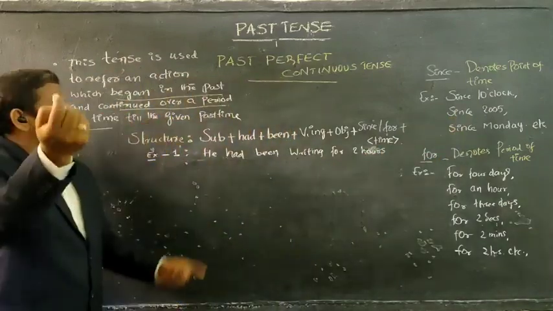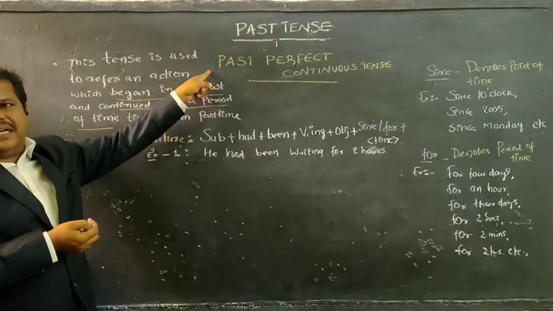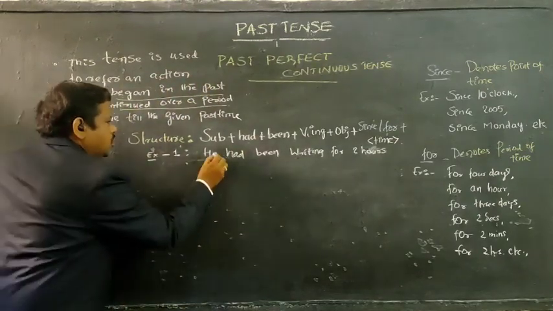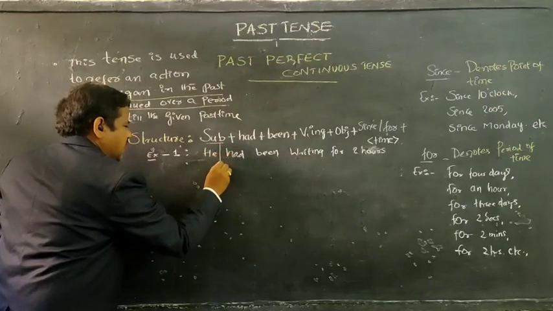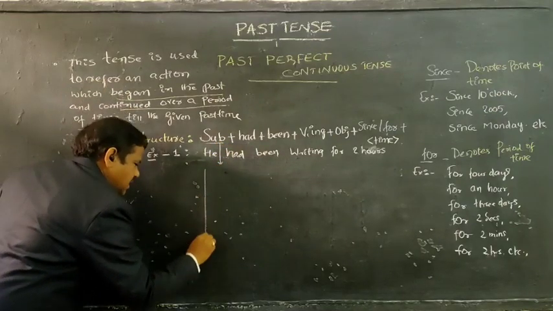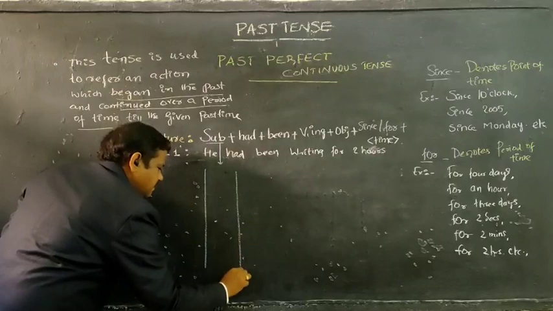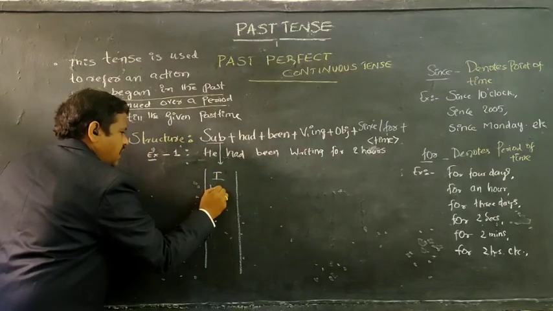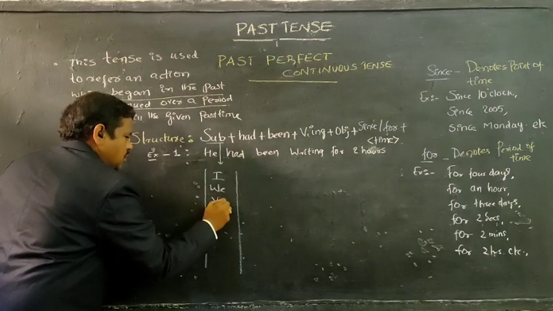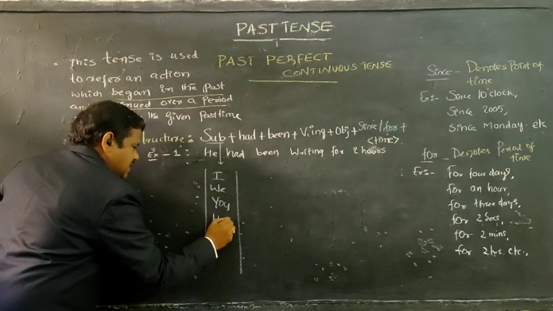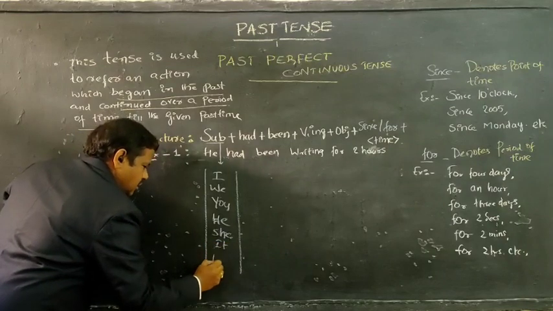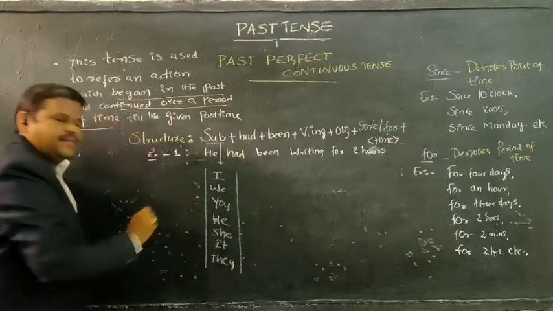Now what are the subjects we can use in the past perfect continuous tense? Let us list the subjects. You know very well there are a number of subjects. Personal pronouns like I, we, you. Next, third person singular he, she, it, and the third person plural they.